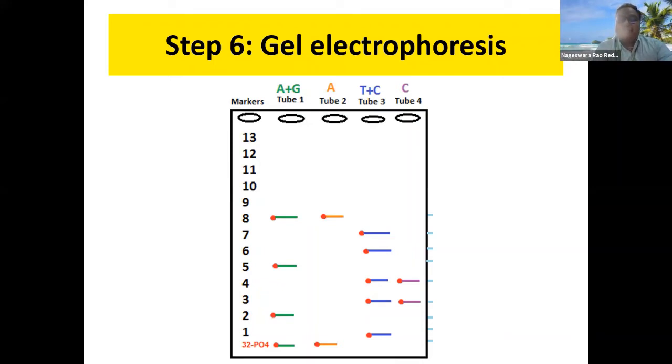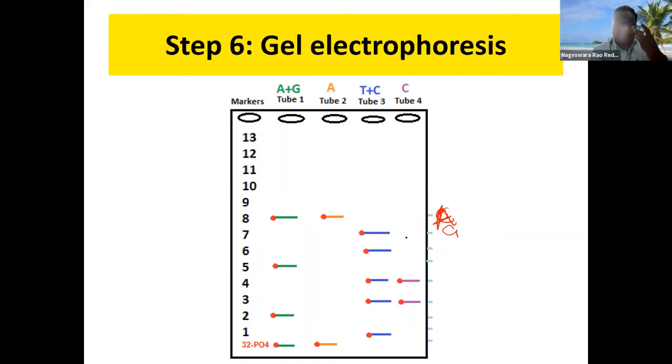Orange it is A, then green it is G. So see here, A is present in two lanes, so it should be A. And coming here, it is present only in one.